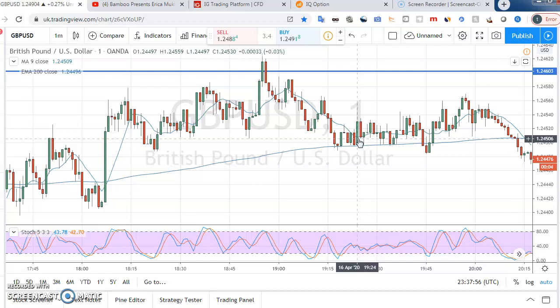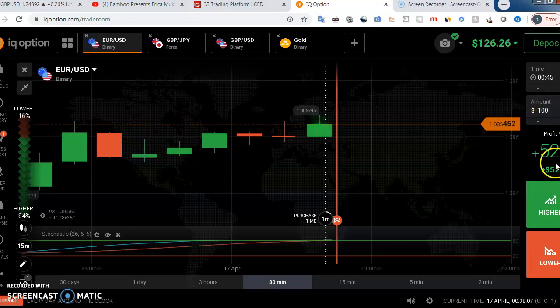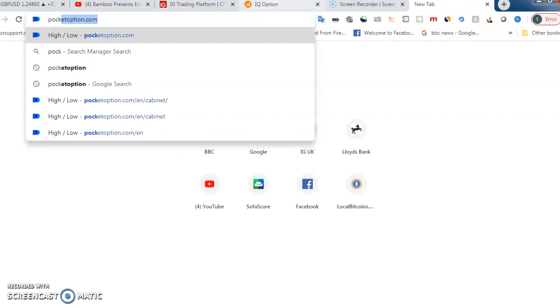If you use IQ Option, and I prefer IQ Option for my trading because they give like 70% and so on, you can also use another site called Pocket Option.